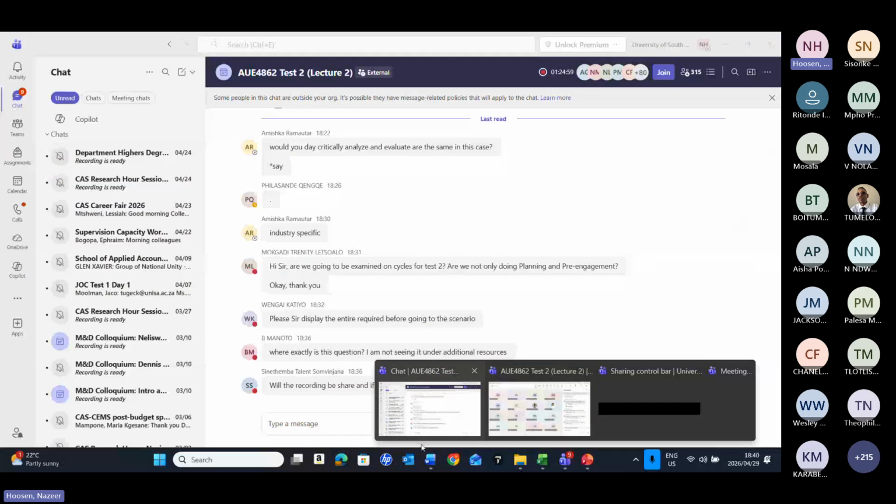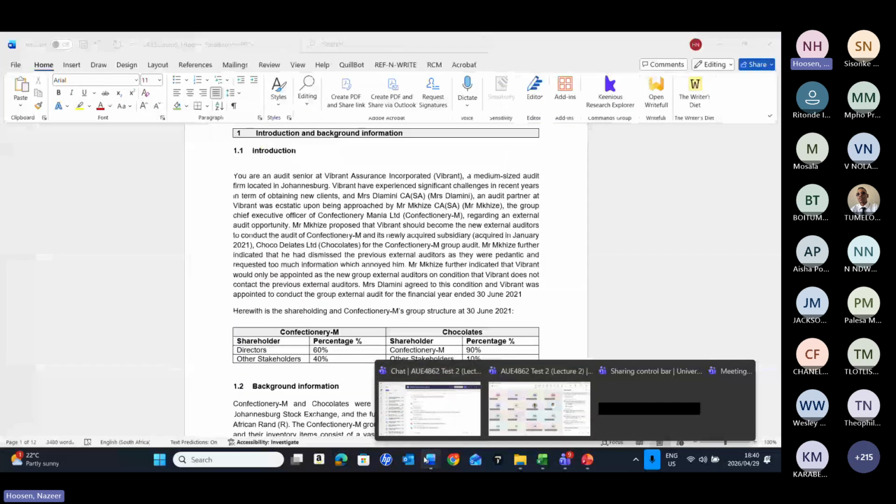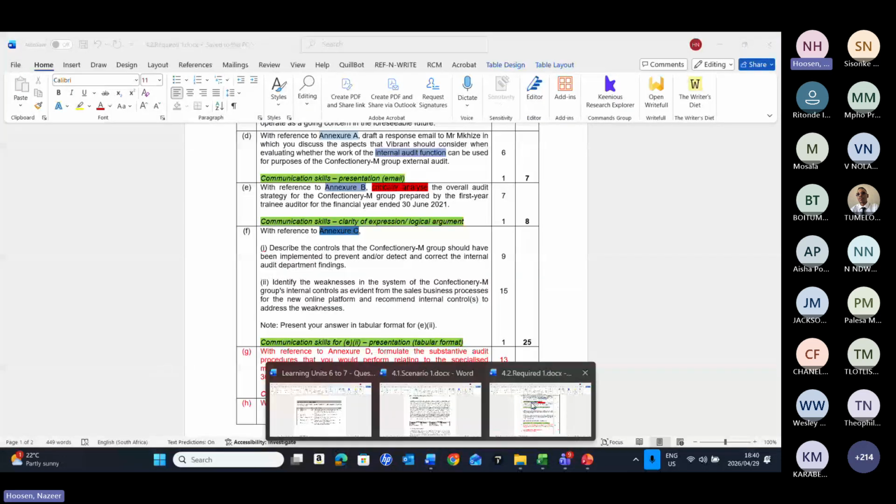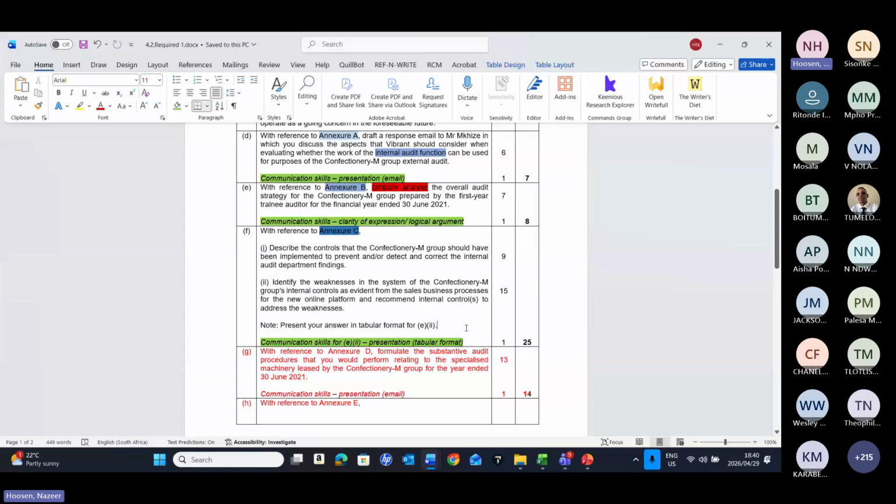Thank you for the question. Test of controls are not examinable for test 2. So test of controls as well as the substantive procedures are only examinable from test 3 henceforth, not from test 2. For part F in this required, we are not asking for the test of controls, how you would test the controls.